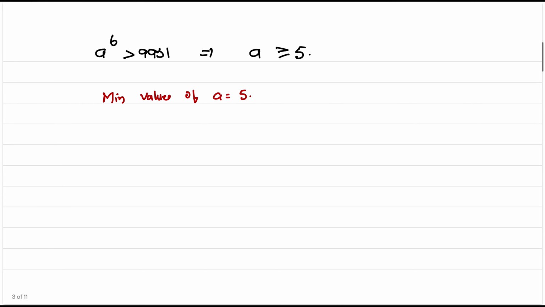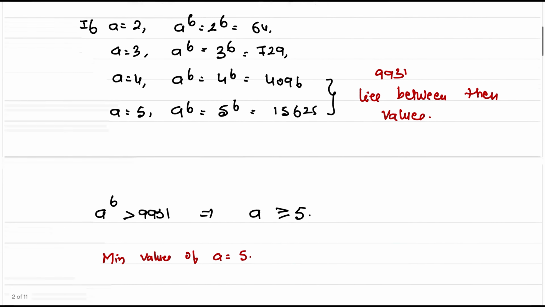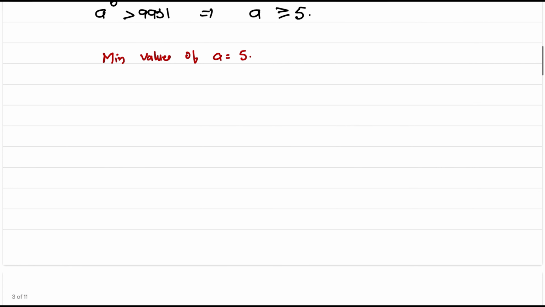And what is the value of b? b is equal to a to the power of 6 minus 9931. That means b varies exponentially when a varies.